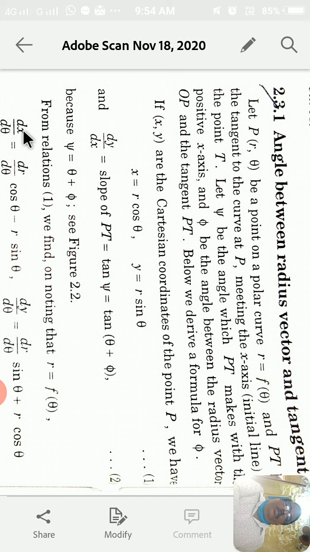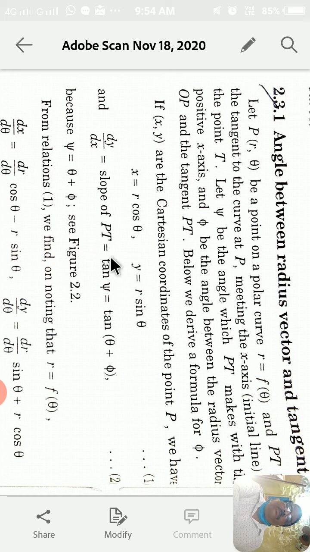To determine dx by d theta, x is equal to r cos theta, so we differentiate x with respect to theta using the product rule: first function cos theta as it is, times dr by d theta, plus second function r as it is, times the differentiation of cos theta, which is minus sin theta.